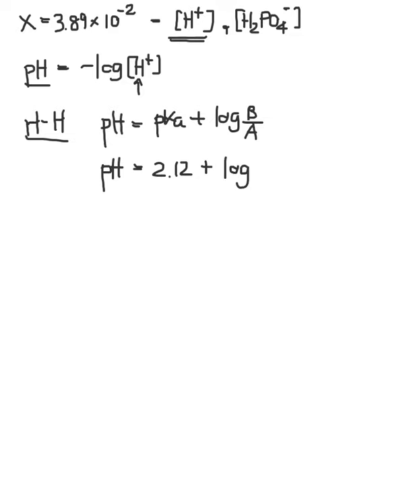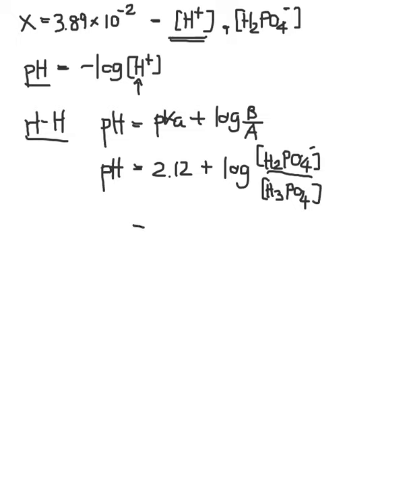B refers to H2PO4 minus, divided by the concentration of H3PO4 at equilibrium.